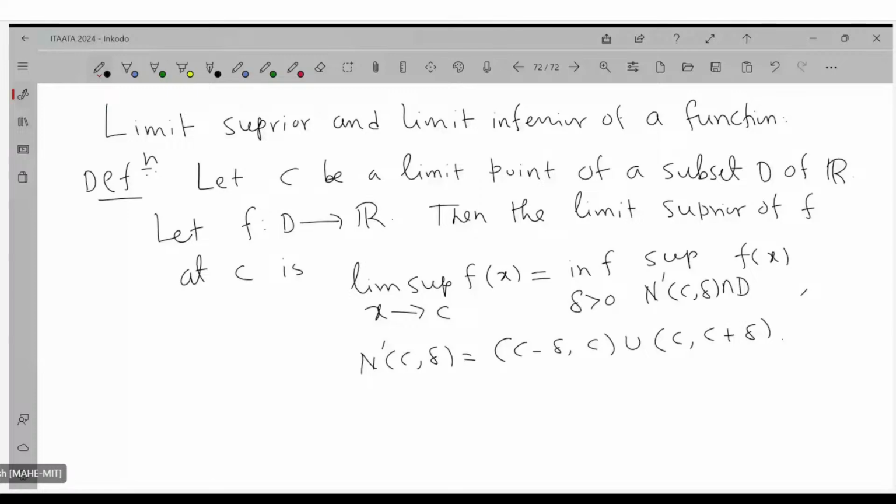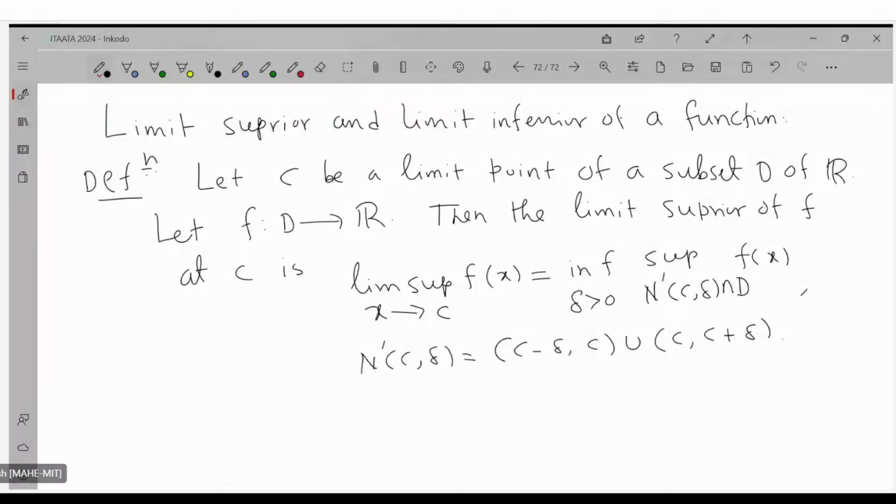So what's going on basically? What we are doing over here, let's say we have a delta. For a given delta, we are calculating the supremum of the function f(x) in that deleted neighborhood.